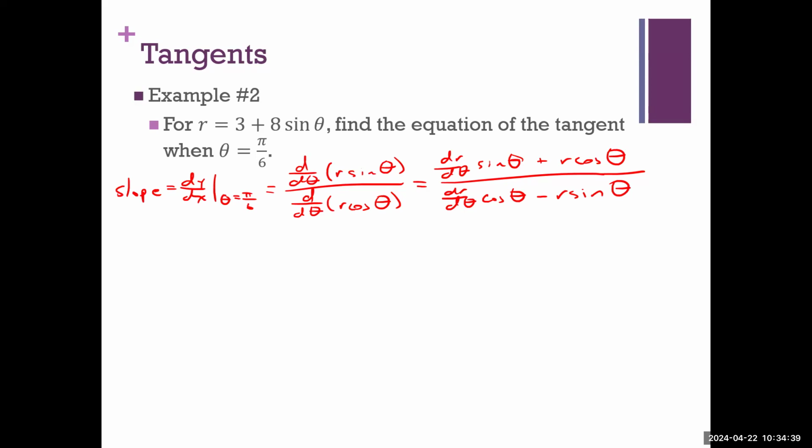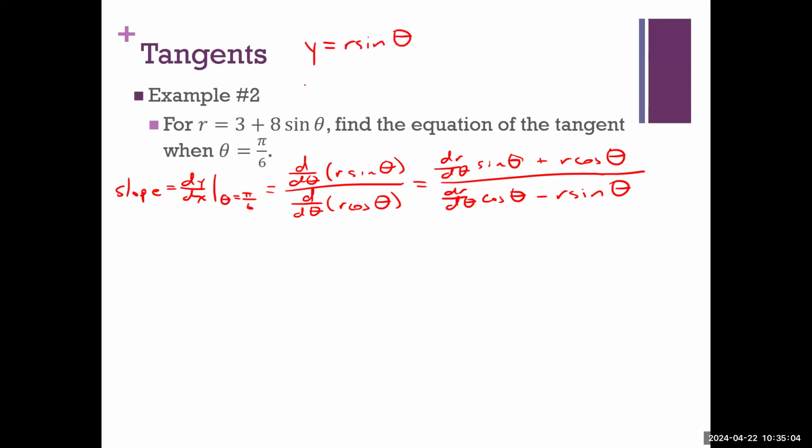The numerator is not dy/dx itself, it's something closely related to it. It's dy/dθ, right? Where does the y show up in there? Yeah, so that's the reason why this always begins this way.